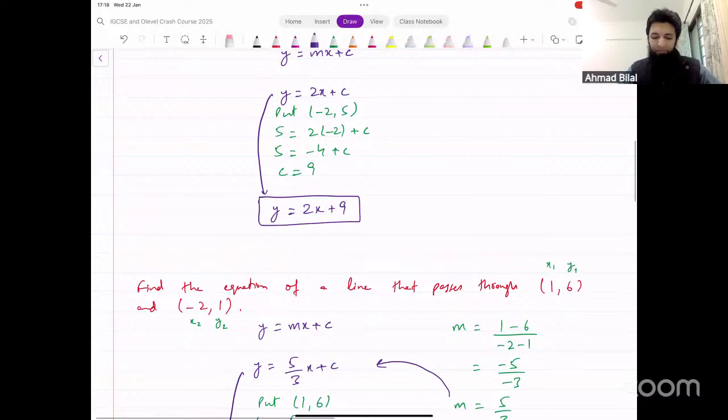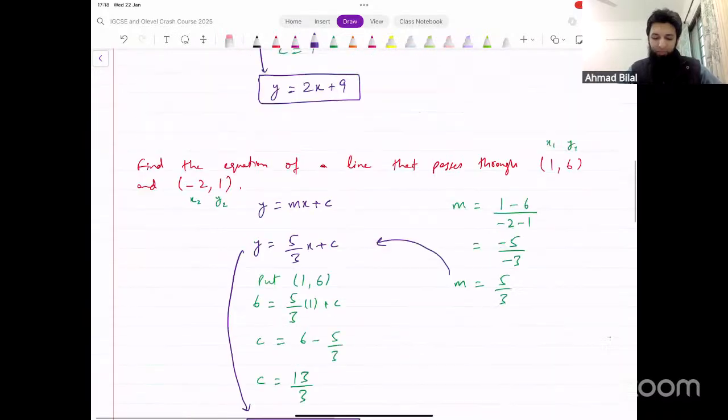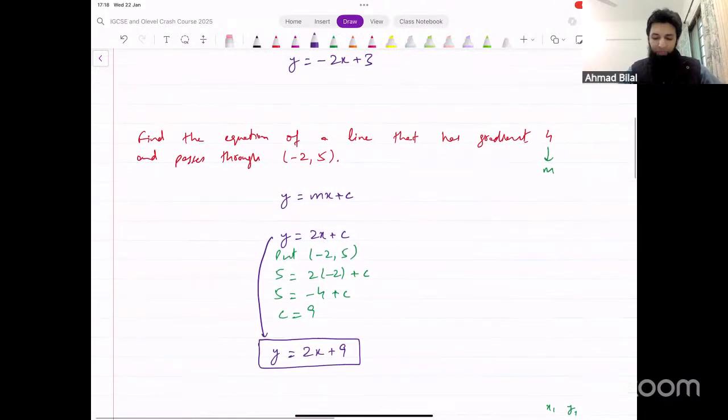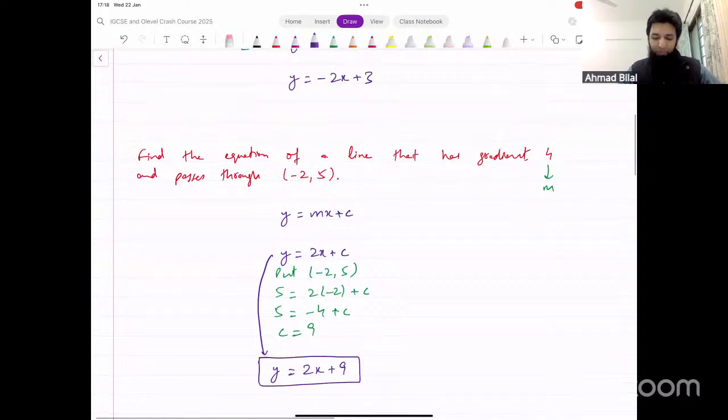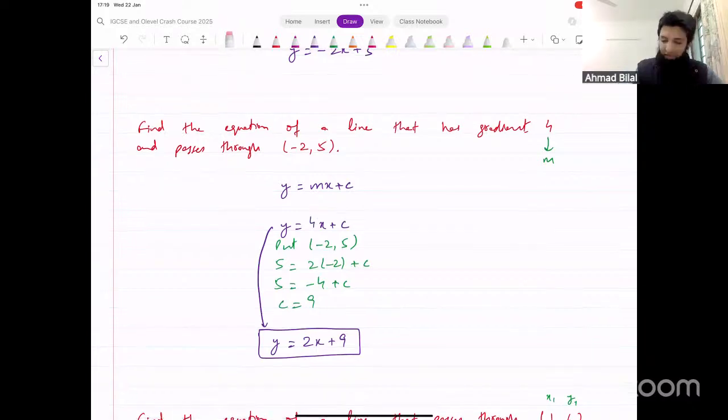Using y equals mx plus c. Okay, I'm sorry. Gradient was 4 in this case. In the previous example, I actually wrote 4 there as the gradient, but I used 2 here in the equation. I'm sorry about that. Let me just correct that as well. This should have been 4 here, and this should have been 4 here.